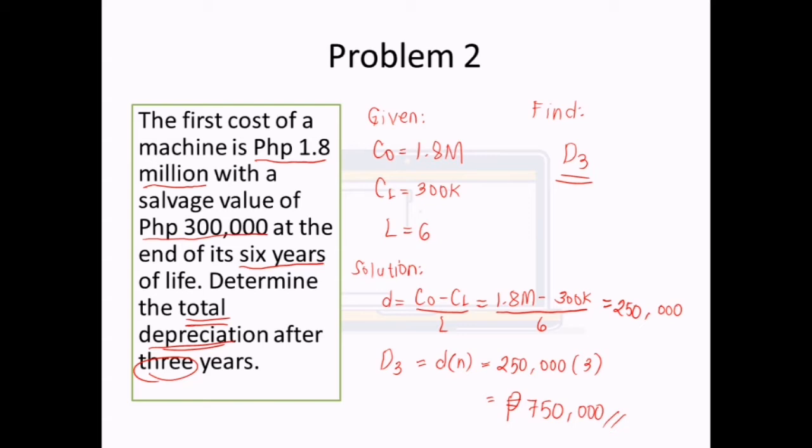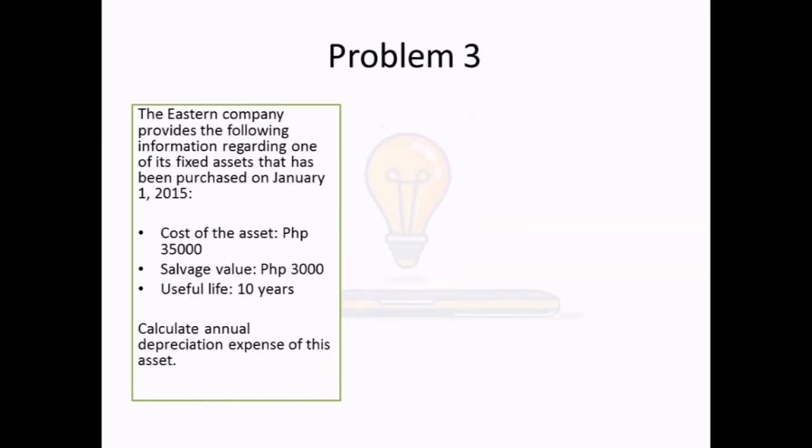The machine will have a total depreciation of 750,000 pesos after 3 years. And so, it is a constant depreciation every year, amounting to 250K. After 3 years, that will be 750K.